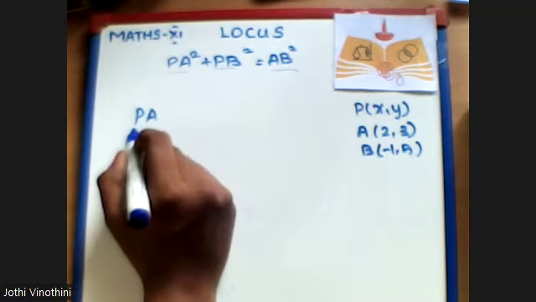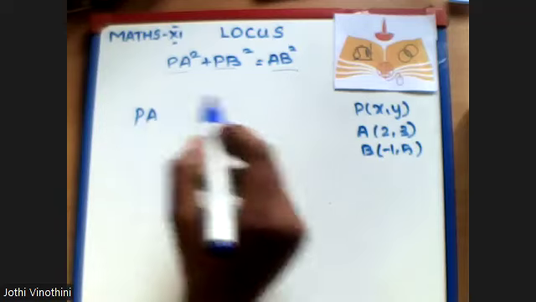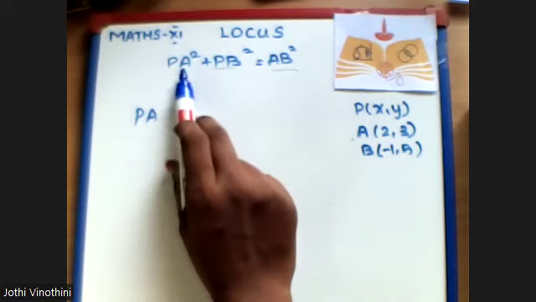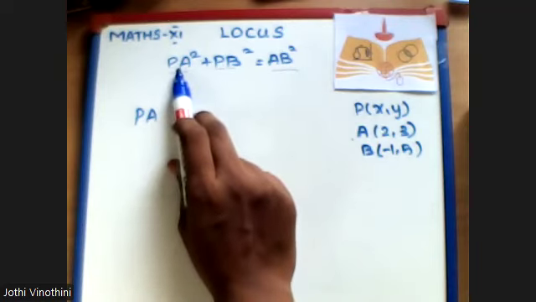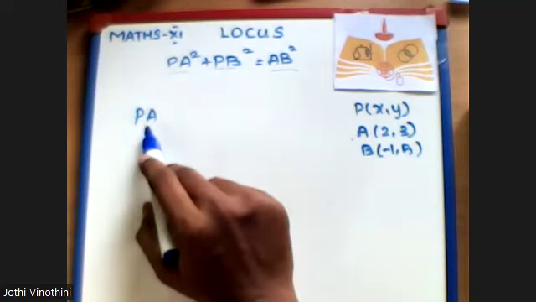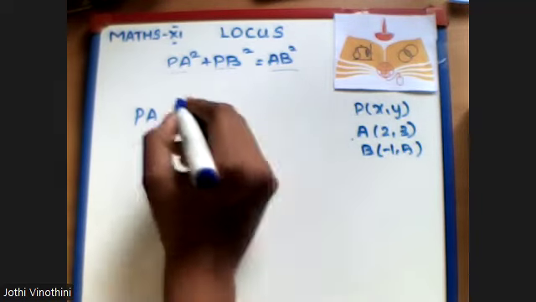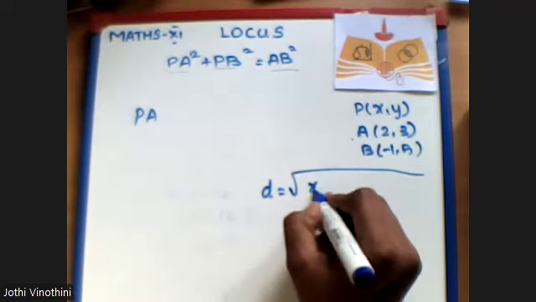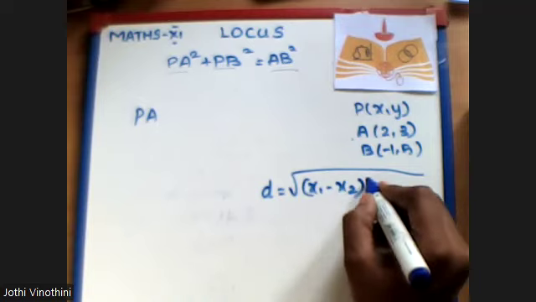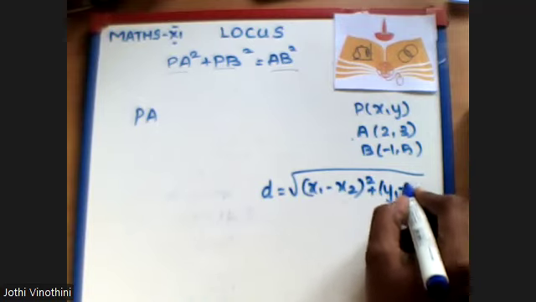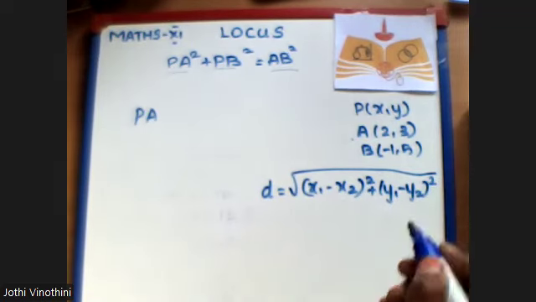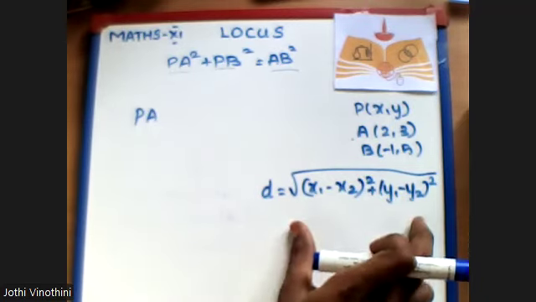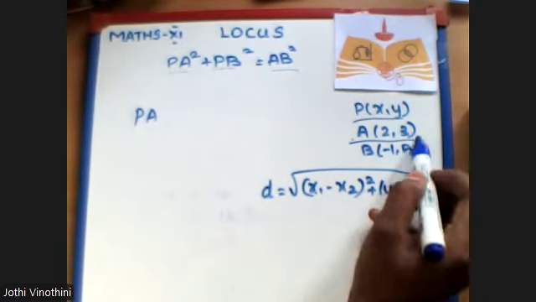PA is a line segment joining P and A. PA represents the length of the line here. So to find the distance between the 2 points, we know that distance equals square root of x1 minus x2 the whole square plus y1 minus y2 the whole square, right? This is the formula. Now, to find the distance between P and A, we substitute P and A in this equation.